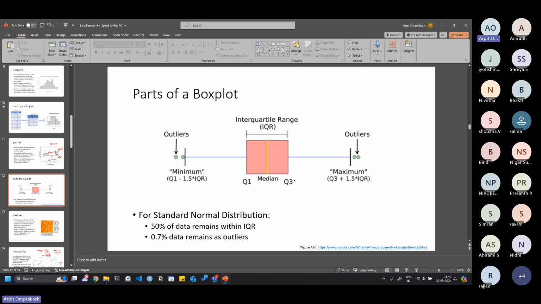So this is quartile 1, quartile 3. The area between them, where the box is drawn, is called the interquartile range. The minimum is Q1 minus 1.5 times IQR. Maximum is Q3 plus 1.5 times IQR. These lines are called whiskers. Any dots beyond are called outliers.